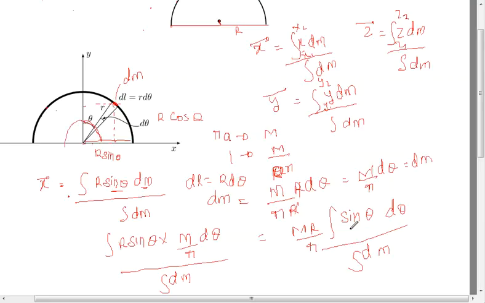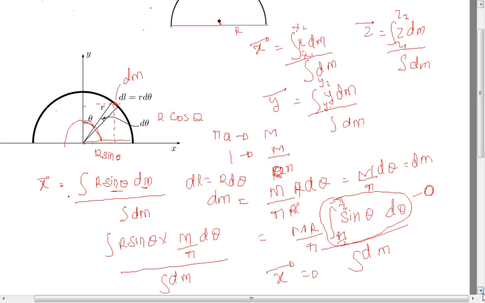So plus pi by 2 to minus pi by 2. In this region this quantity is going to be 0. So the x coordinate should be equal to 0.